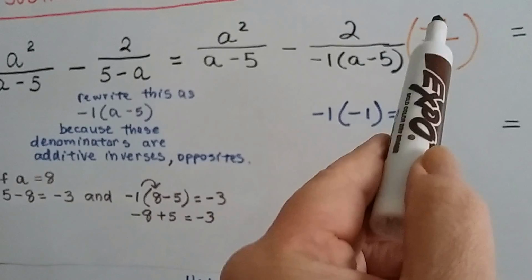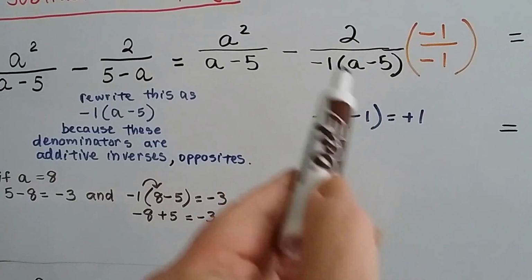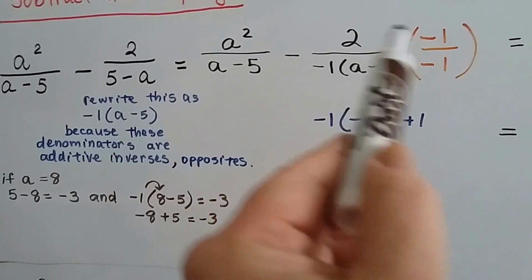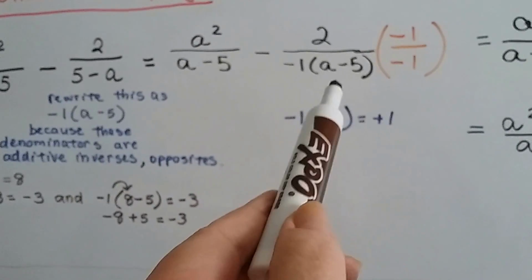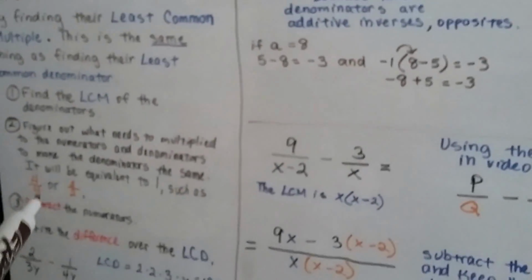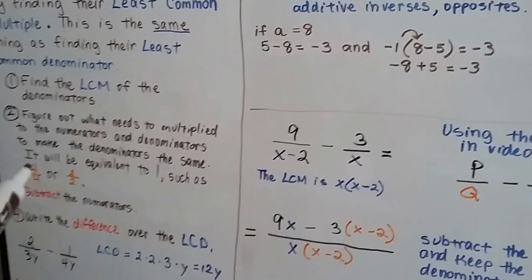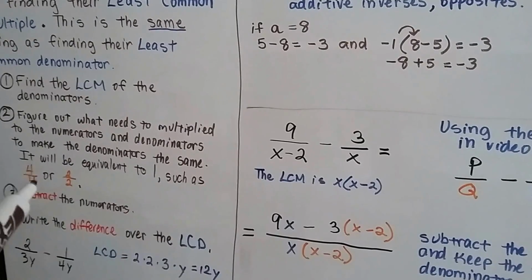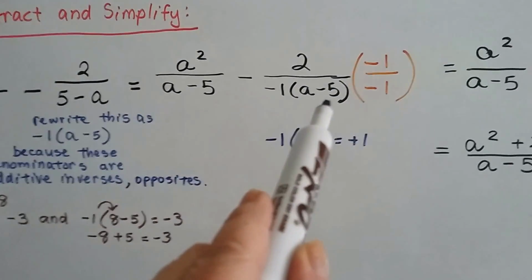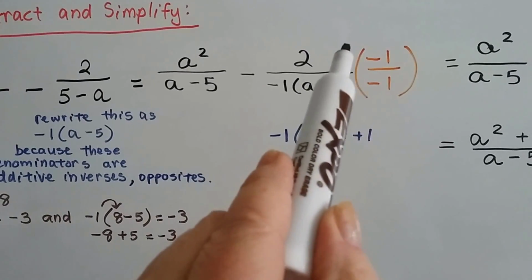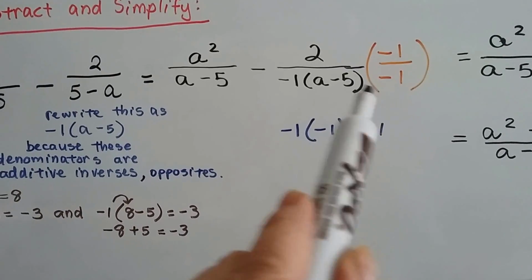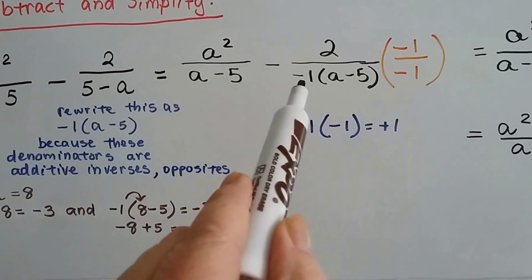All we have to do now is multiply this side of this rational expression by a negative 1 over a negative 1. That's our number over the number that is equivalent to 1. So if we multiply the numerator and denominator by a negative 1, that's going to get rid of this negative 1 in front of it.